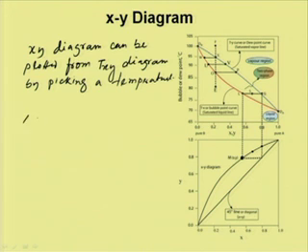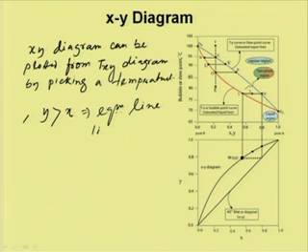Since here y is greater than x, the mole fraction of the more volatile component is more in the vapor, so the equilibrium line lies above the diagonal.